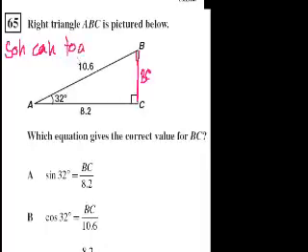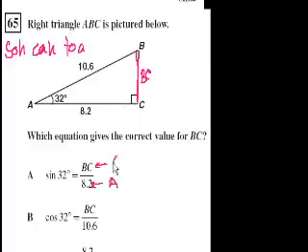Okay, so they're saying the sine of 32 degrees is equal to BC over 8.2. Is that right? Sine is opposite over hypotenuse. BC is definitely the opposite, but 8.2 is not the hypotenuse. 10.6 is the hypotenuse. So 8.2 is the adjacent. So this is wrong, right?